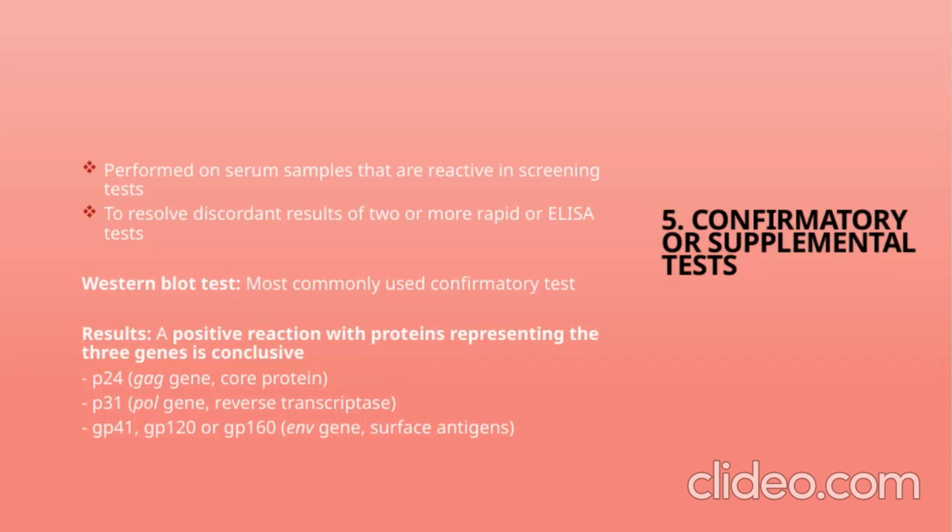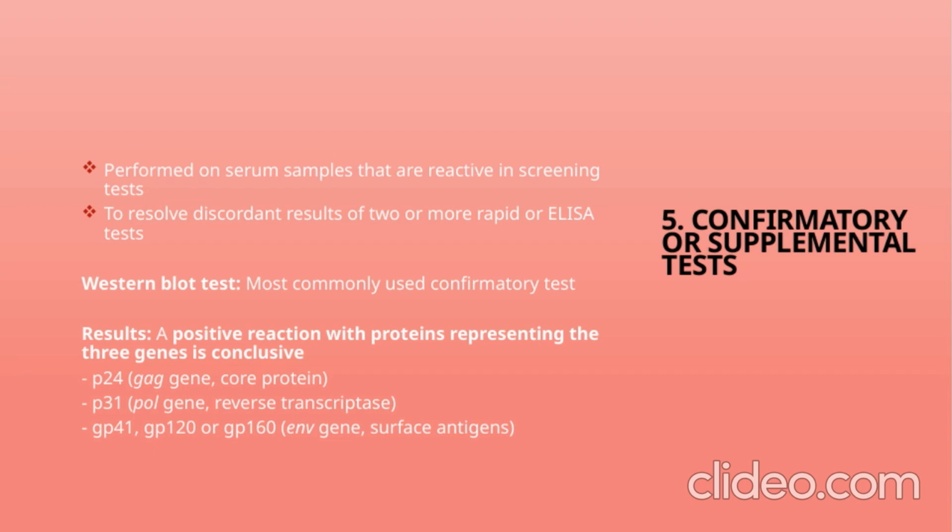Now, let's discuss the process performed on serum samples that test reactive in screening tests. When we encounter discordant results, meaning two or more rapid or ELISA tests don't agree, we turn to confirmatory testing to clarify the diagnosis. The most commonly used confirmatory test is the Western blot.